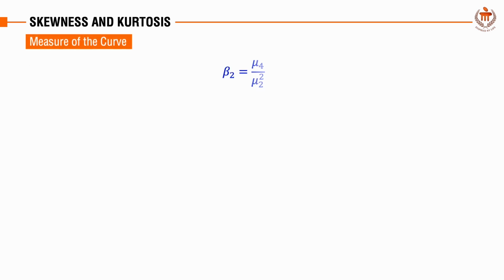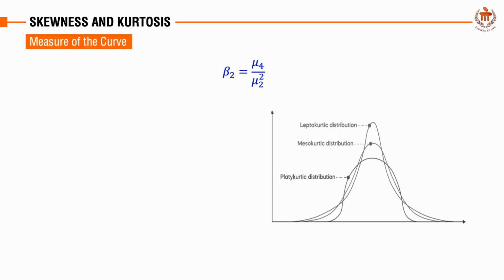Here, to measure kurtosis, we use moments, which we have already discussed in the previous session. The term we use to measure kurtosis is beta 2. Beta 2 is equal to mu 4 by mu 2 whole square. If beta 2 is equal to 3, then the distribution is said to be normal and the curve is mesokurtic.